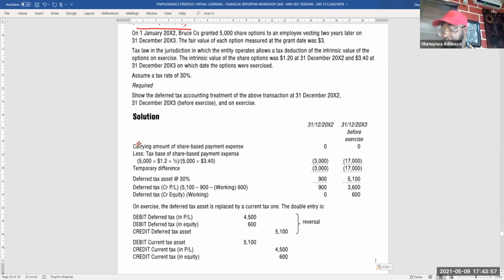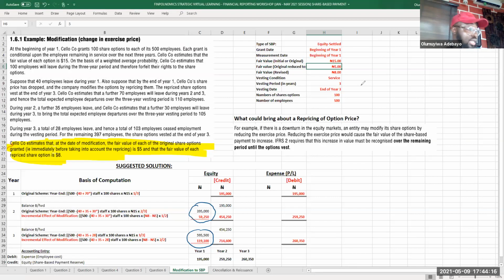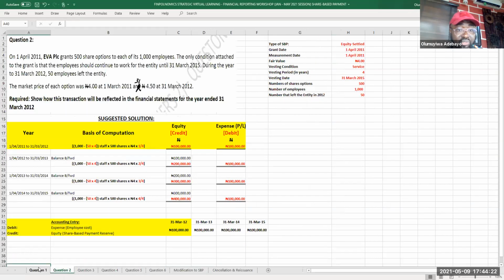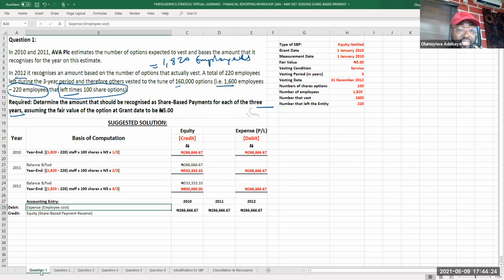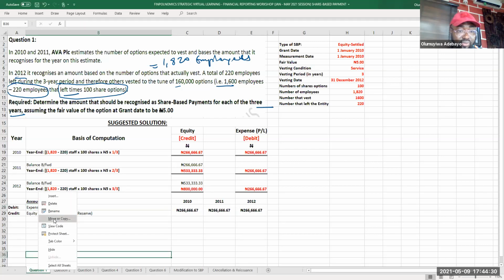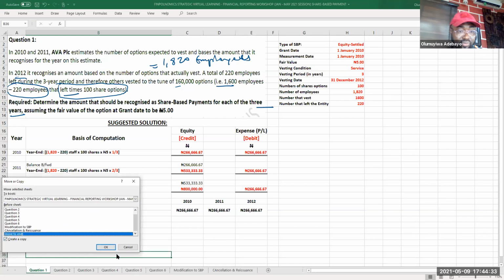Okay, now let me just show you briefly. If we are to use this on our Excel, let me first of all go to our Excel. This question is similar to, I think, question 2 we've done in our Excel. Let me say question 1. Let me duplicate this. I move it here.